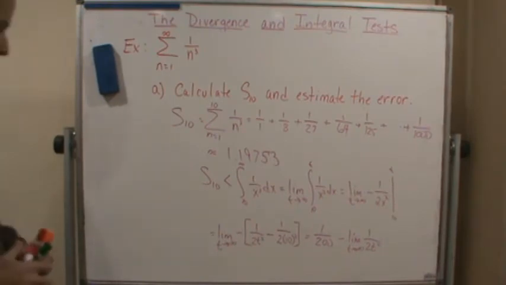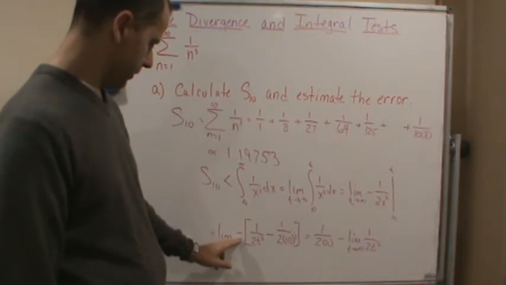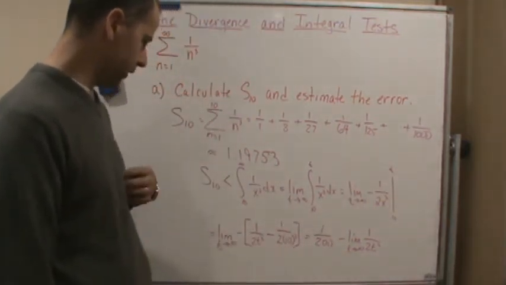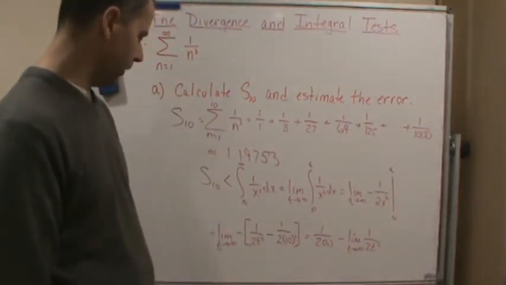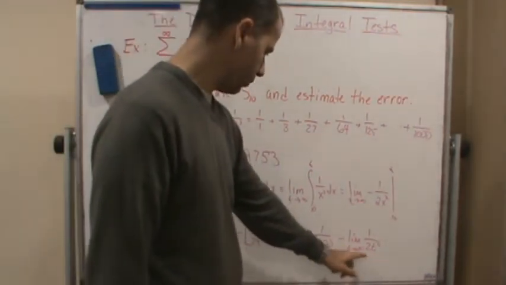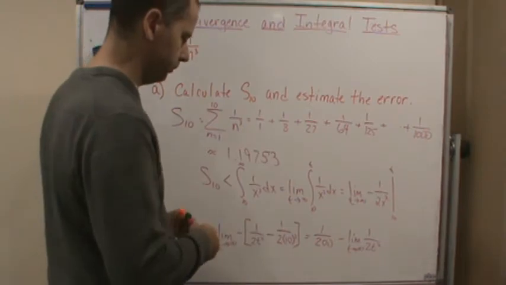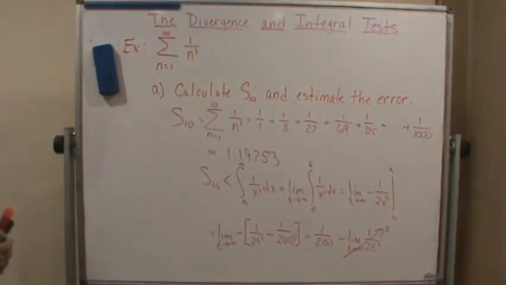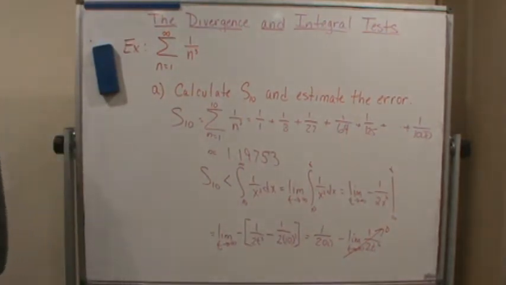All I did was use the property of limits, and if I distribute the negative sign, it just switches the subtraction. And of course, 1 over 200 is a constant, so I don't need the limit there. The limit goes on this one. As t goes to infinity, this is going to 0. And so we know that 1 over 200.